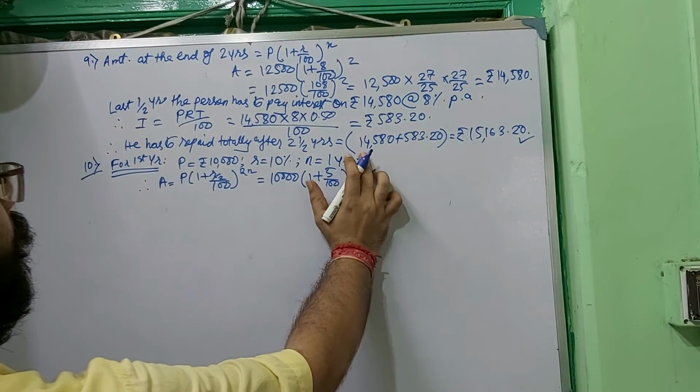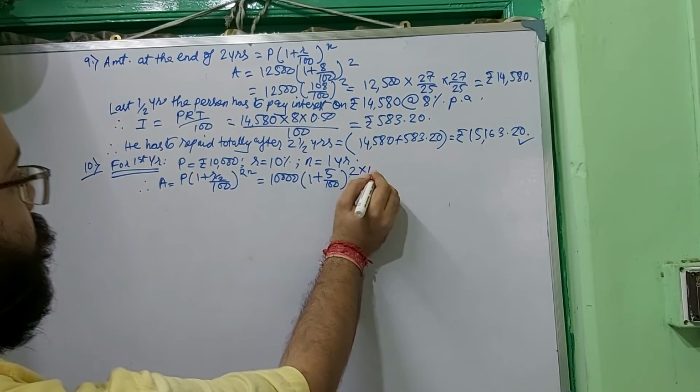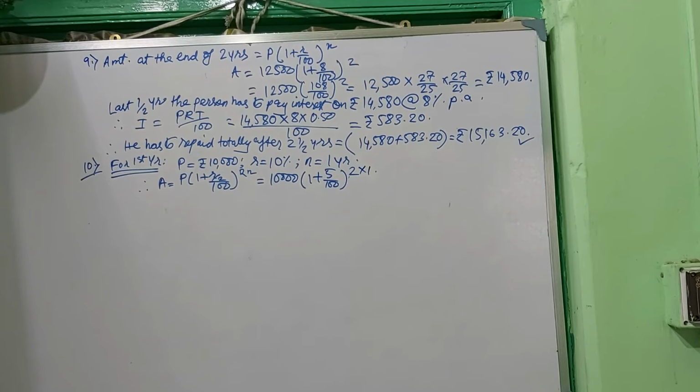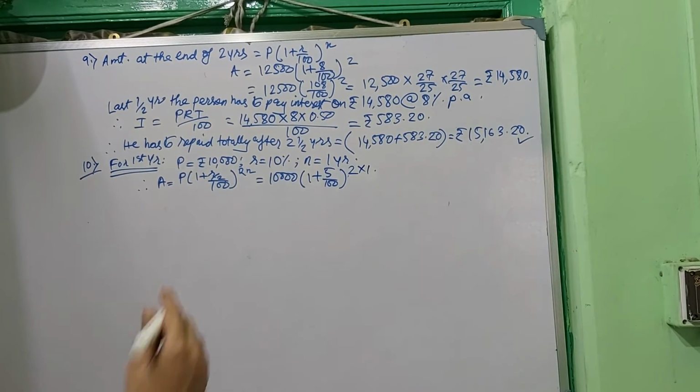2 into n, sorry, 2n is 2 into 1, which means 2. Okay, here it is 1 year, the rate is 10%, divided by 2, means 10 divided by 2 is 5.